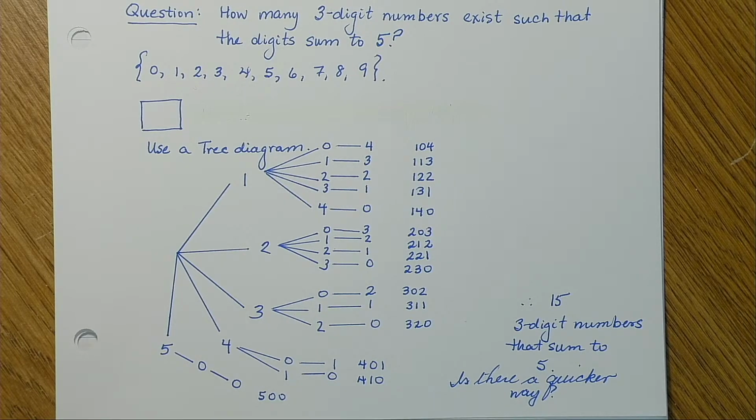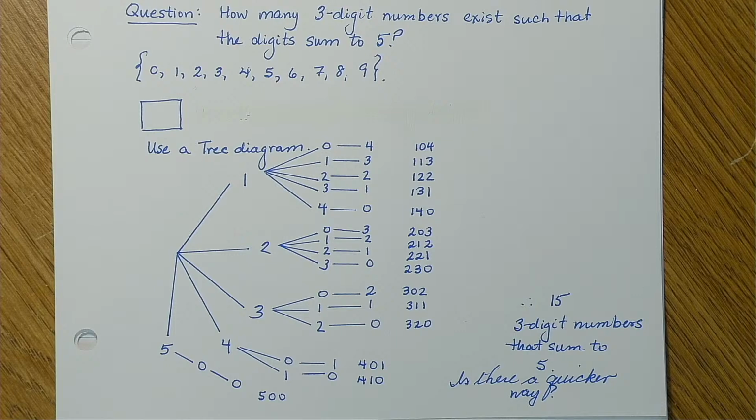So, just as we were talking about a question yesterday, last class, and the question was how many three-digit numbers exist such that the digits sum to 5. What I could come up with just using our simple counting techniques is to work through it using a tree diagram.